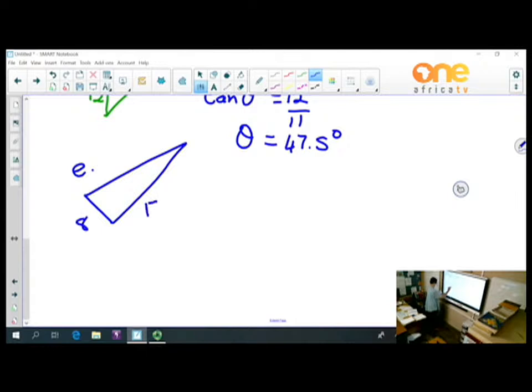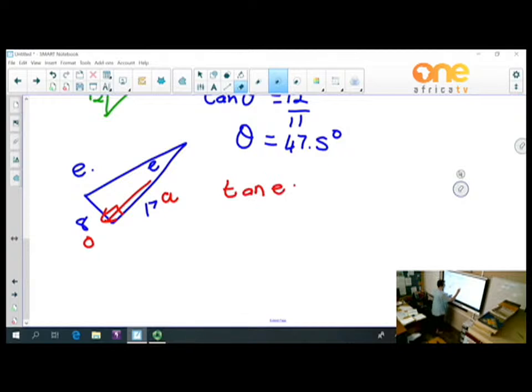Number E, this time it looks like this. 8 and 17, this is E. So let's first look at the angles. This one is opposite. This one is the hypotenuse. No, sorry, this one is not the hypotenuse. Here's the 90-degree angle here. So this one will be adjacent. So it's again tan.